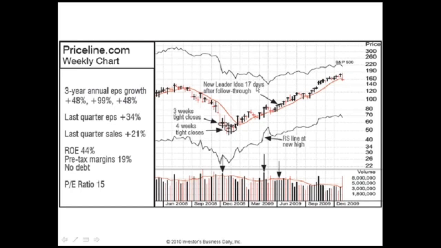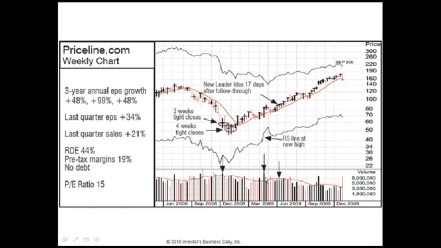But now notice the tremendous divergence here. The market is breaking down to new lows, it looks like that's maybe February, and this stock is moving up. It's moving up against the market making new lows, and look at the volume. It's huge.